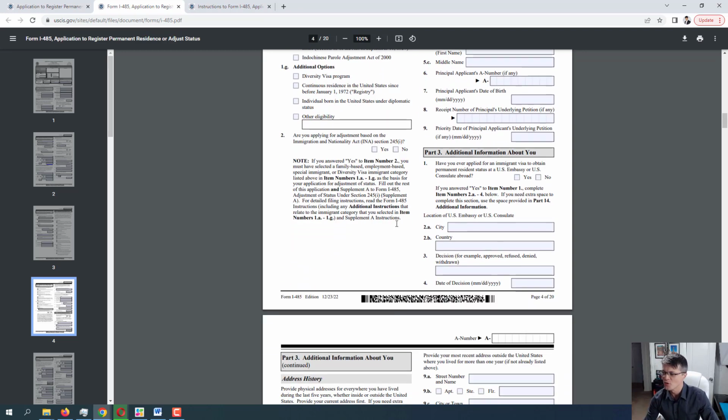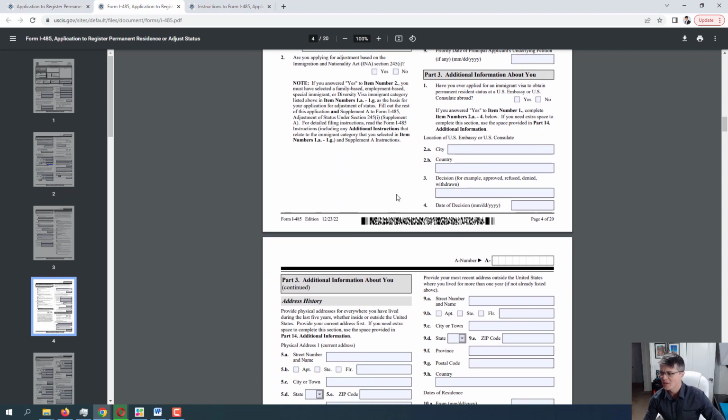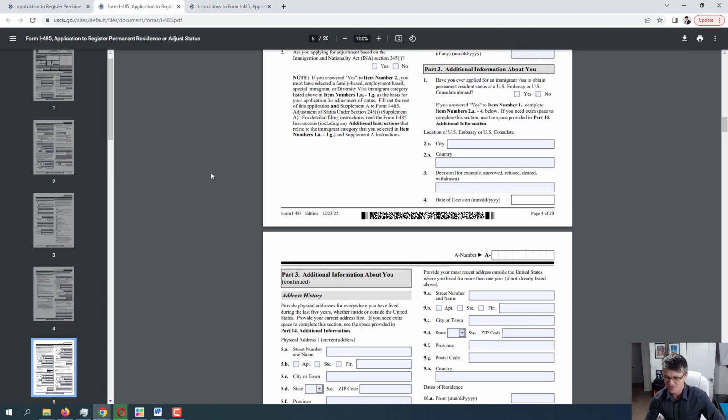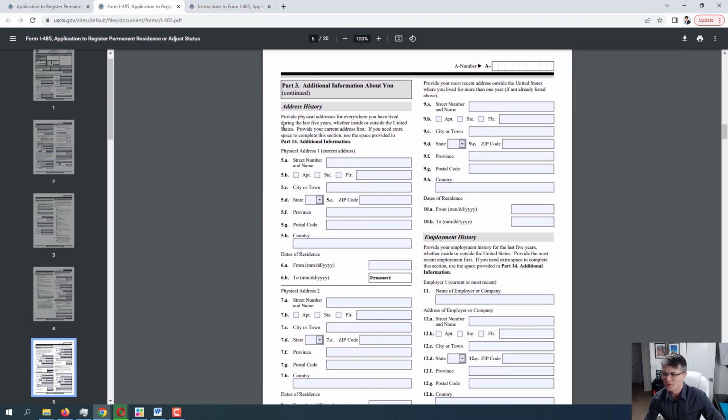Okay, moving further to part 3, additional information about you. Have you ever applied for an immigrant visa or obtained permanent resident status? Yes, no. City, country, decision, date of decision. We're moving on to address history. Here you will have to provide, usually it's for the past 5 years, I think, the physical address for everywhere you have lived during the last 5 years.